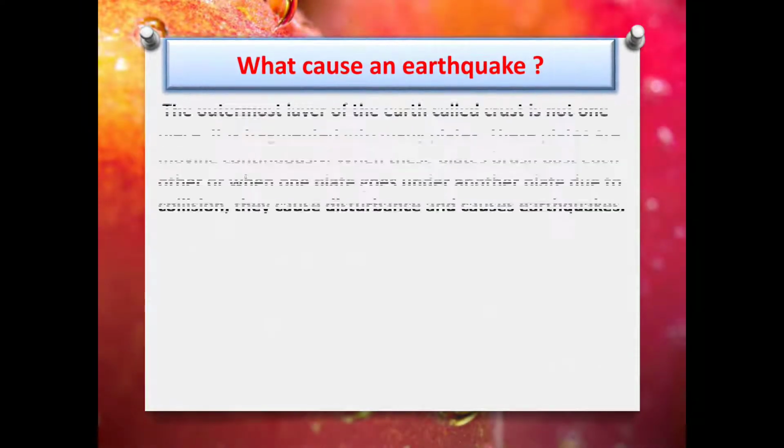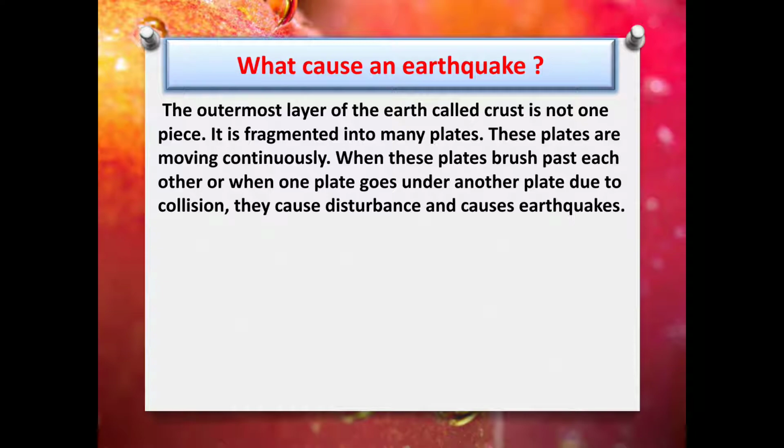I've already explained to you what causes an earthquake. The core being hot, it boils and moves those plates, and that's how the disturbance happens. I gave you the example of a container kept on a flame with water boiling, the same thing.